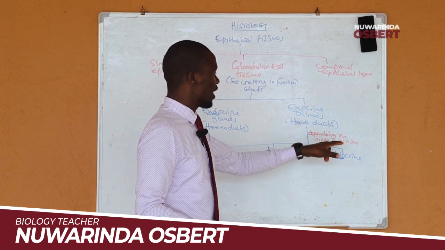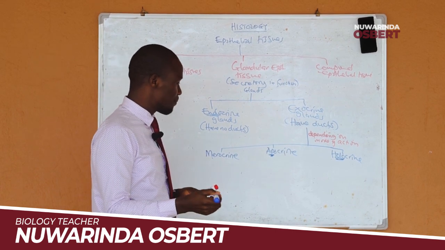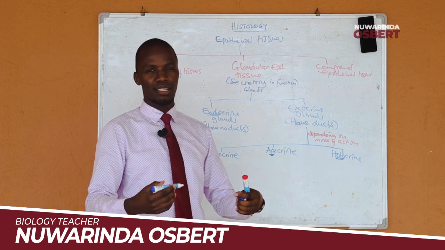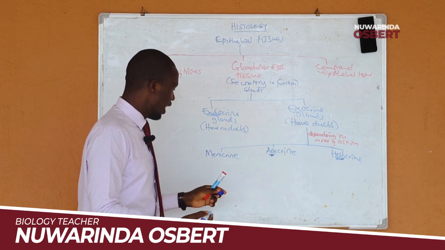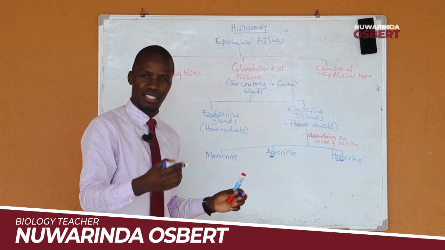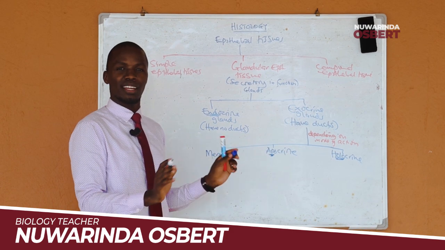Depending on the mode of action, merocrine glands are those exocrine glands whereby, when they are secreting their substances, the cell within a tissue that is secreting does not have any damage and does not get any disturbance.